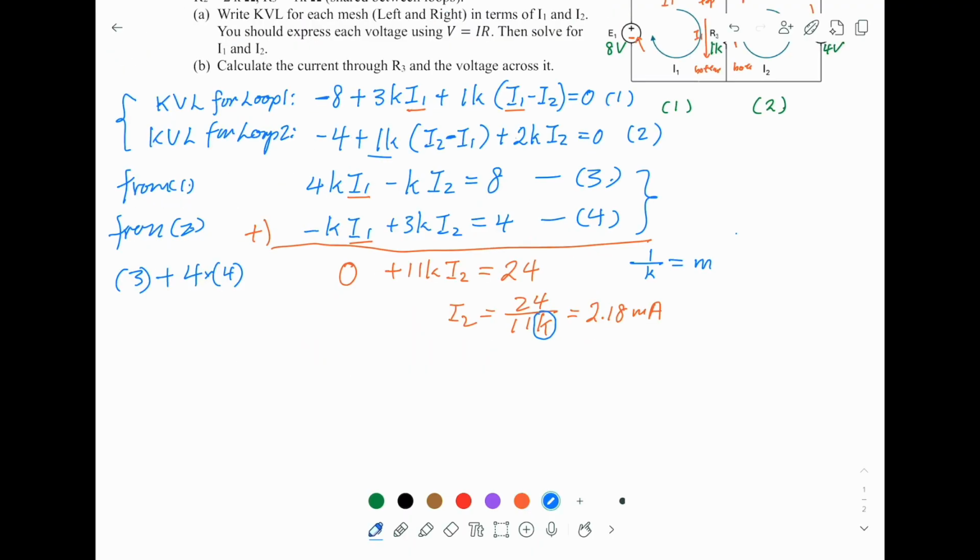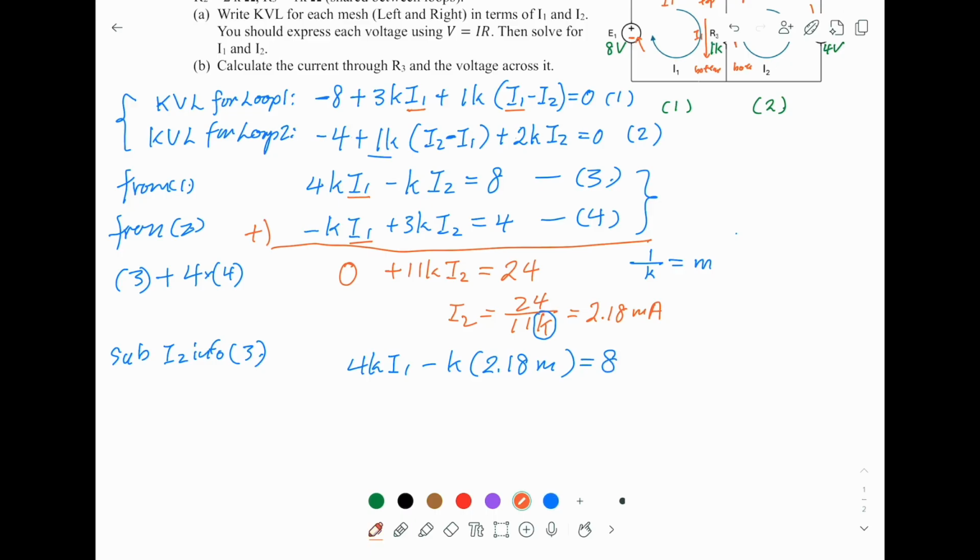Okay, once we find I2, we just substitute I2 back to the equation. Say we substitute I2 into equation 3. So 4k I1 minus k I2, which is 2.18 milli, again, no need for the unit, just the prefix, equal to 8.